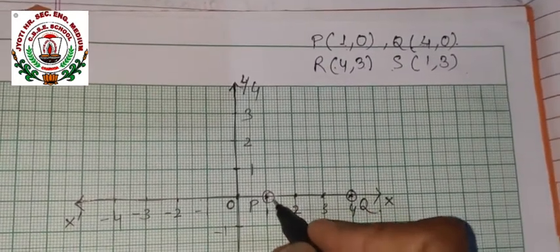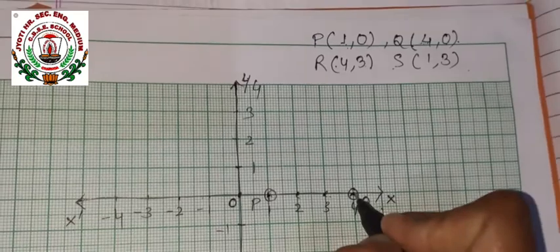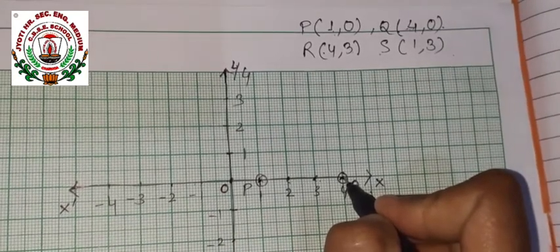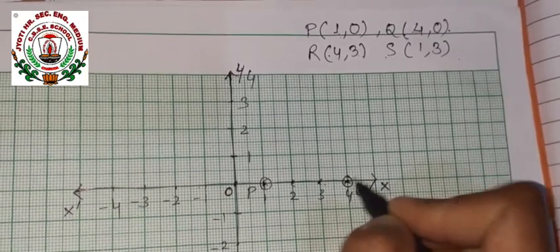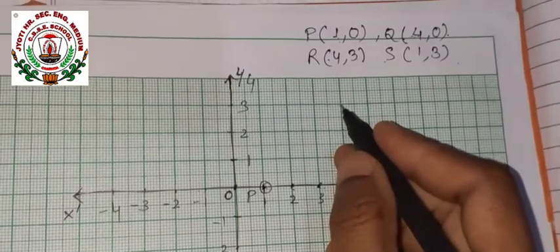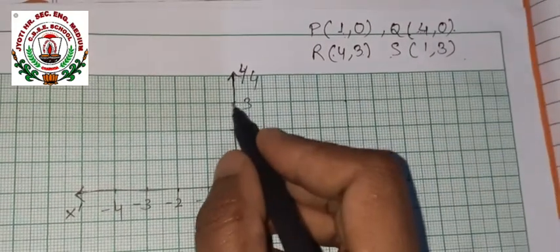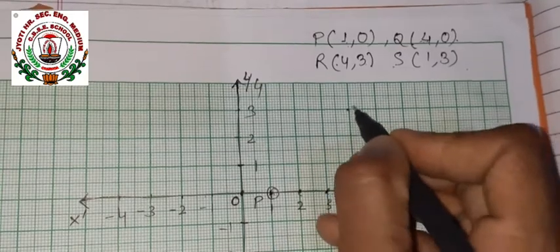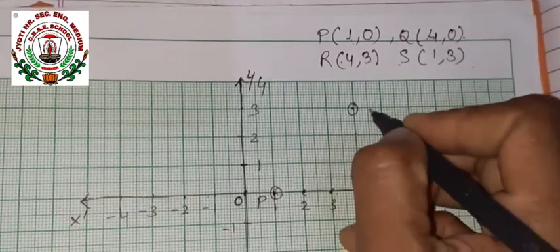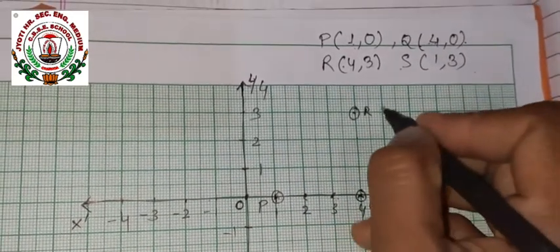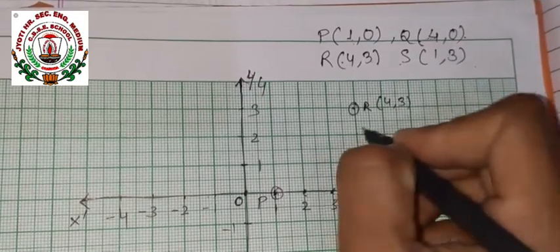So x-axis 4 means 1, 2, 3, 4. Y-axis is how much? 3. So that means here 1, 2, 3. Okay, 3 lines this side. So this point will be what? This is R. Okay, R is (4, 3).